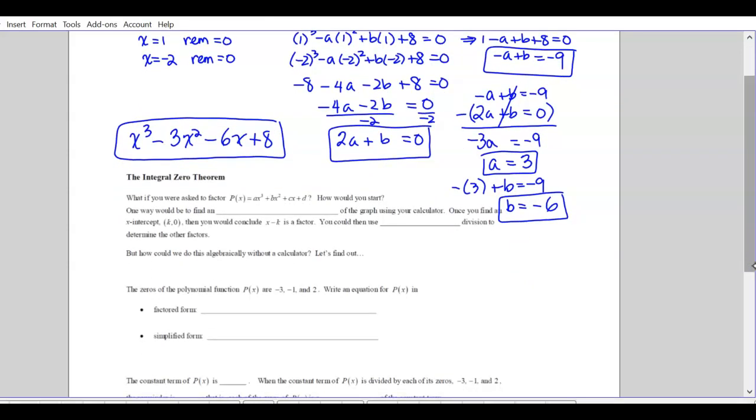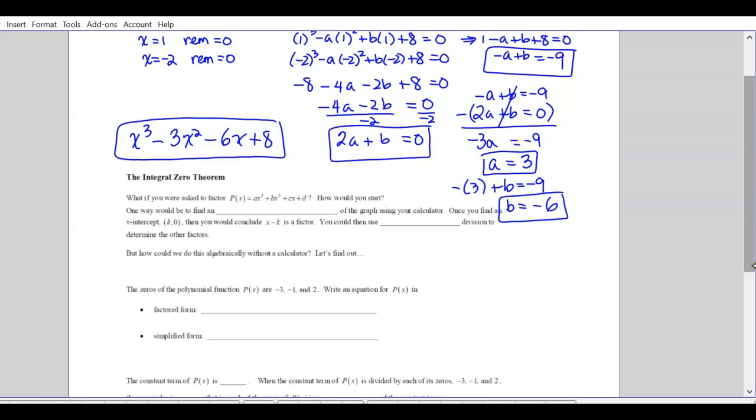Okay, so we basically know the process now of how to factor a polynomial expression, if we've been told one of the factors, or if we maybe use our calculator to get one of them. But we have to, as I mentioned before, go through the process, kind of pretending we don't have a graphing calculator, but we're going to use it.